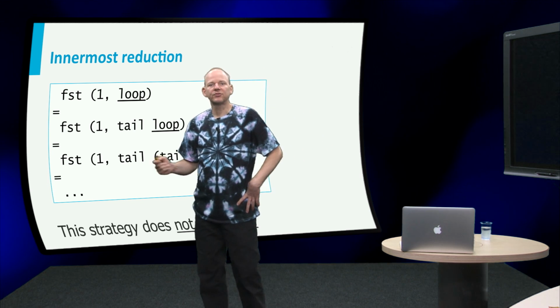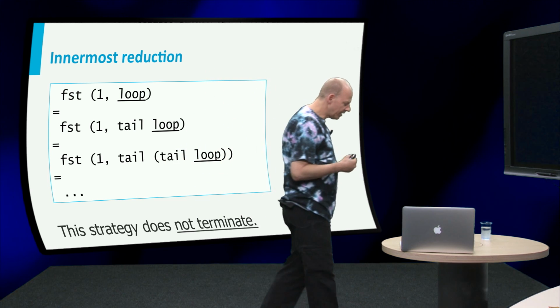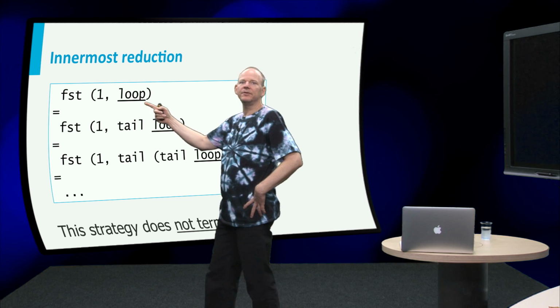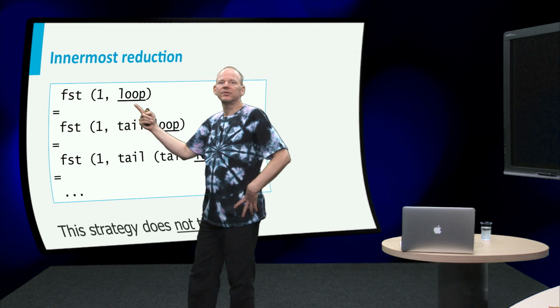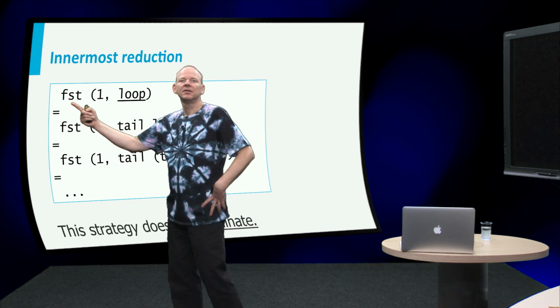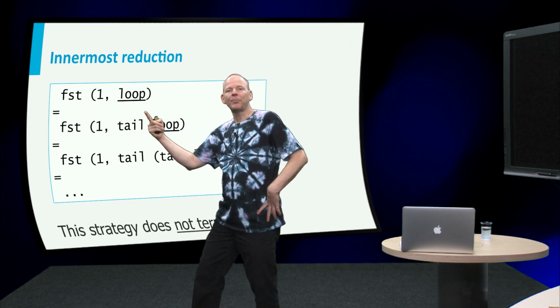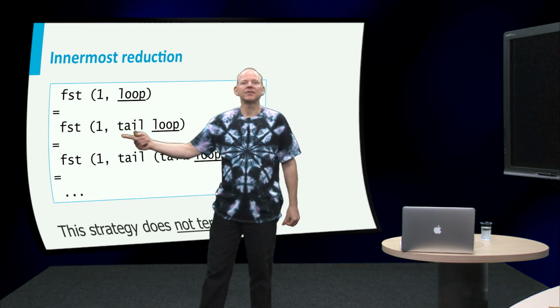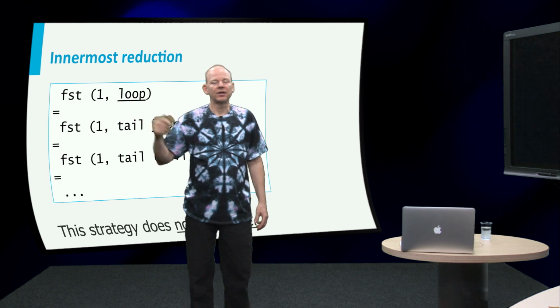So this will not terminate. This evaluation order is too strict. It tries to evaluate the argument first, inside this tuple, and that diverges, and there's no chance that we can take the first of this pair.